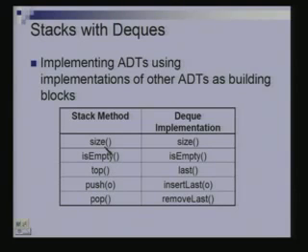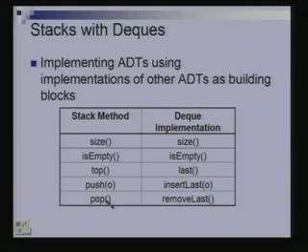For instance, let us say we make the top of the stack correspond to the last element of our double ended queue. So, the method top would correspond to returning the last element of my double ended queue. The method push would correspond to inserting at the end of my double ended queue, and the method pop would correspond to deleting at the end of my double ended queue.